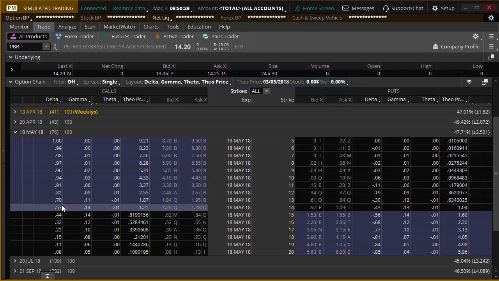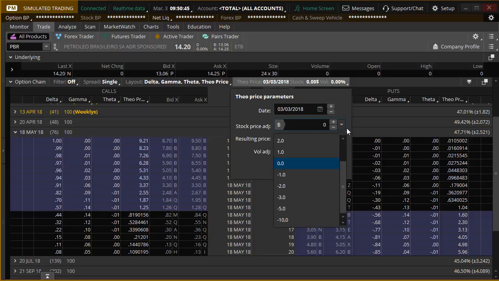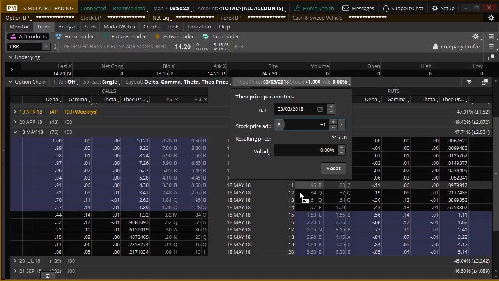So what if we come over here to our theoretical price model and we run this up? Let's go up $1. Up, see, $1 is too much. That's going to put us at about 260. Let's run this down.